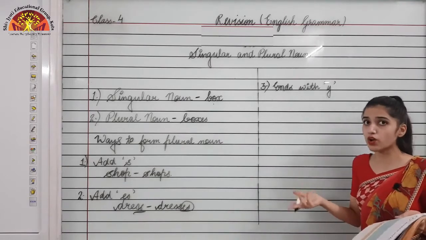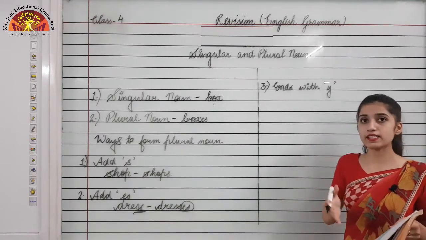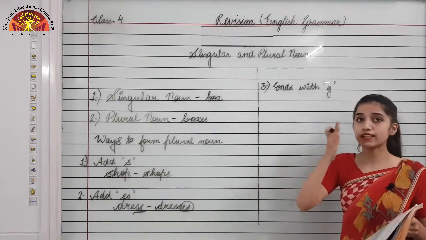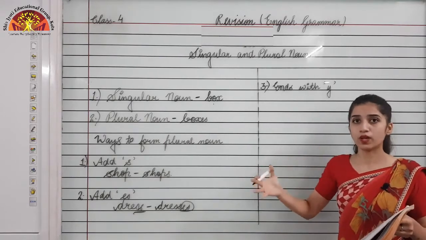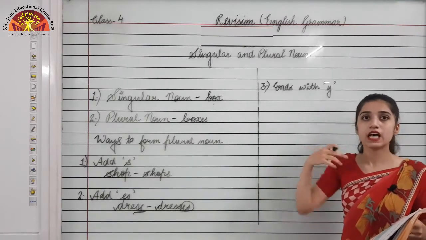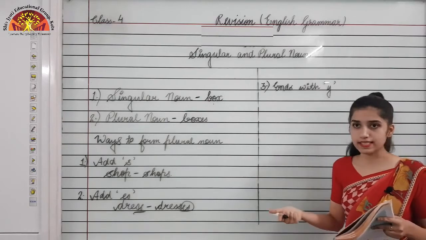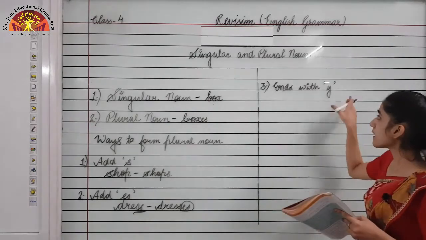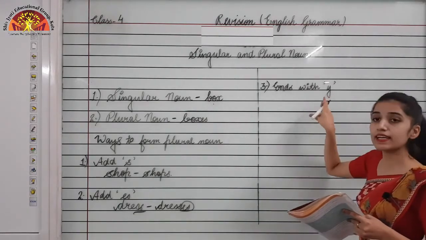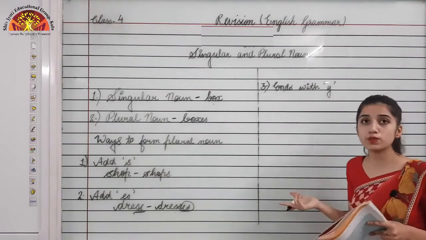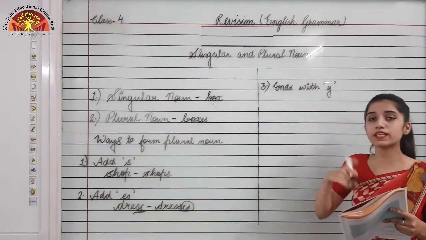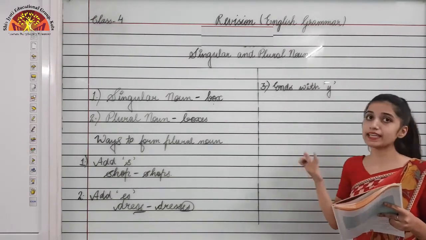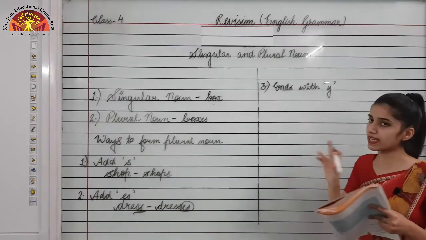You all know what is a consonant? The letters other than the vowels, that means other than a, e, i, o, u, are consonants, right? So if before y there is a consonant, you will replace y with i and then you will add es. We'll understand it by seeing an example.